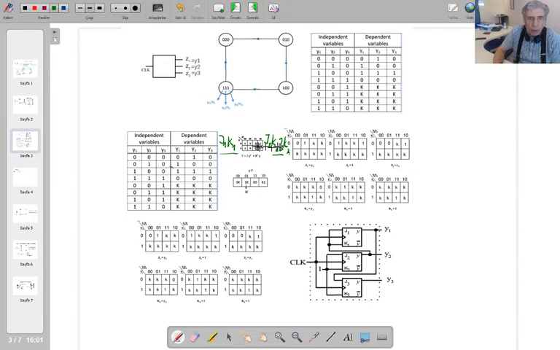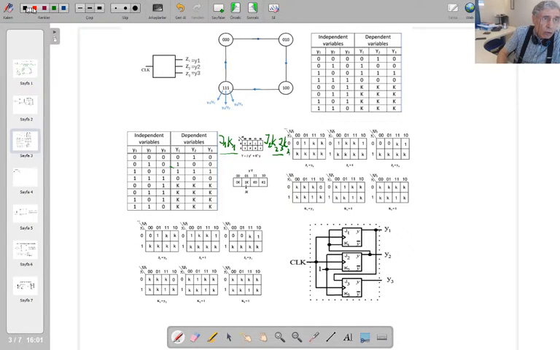How am I going to find all this? I'm going to use the inverse definition relation or excitation table. In order to find J1 and K1 in terms of independent variables Y1, Y2, Y3, I am going to compare present states and next states.